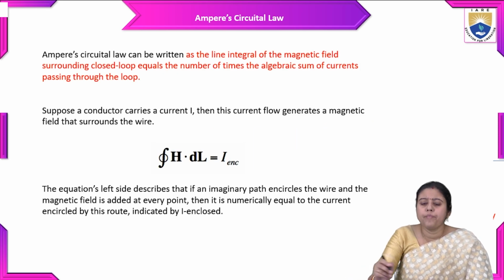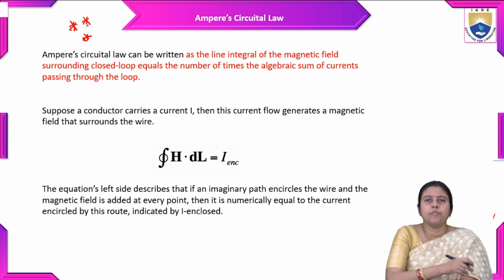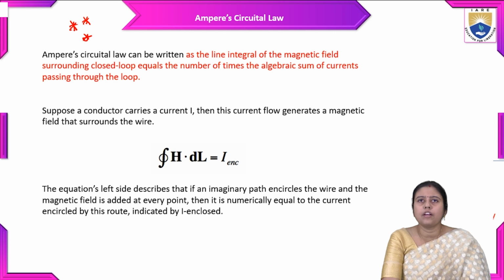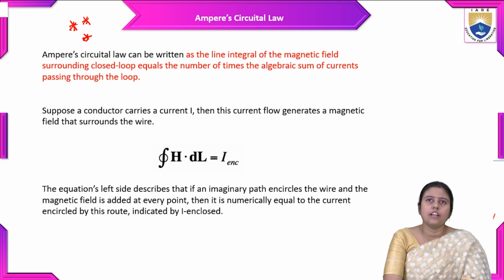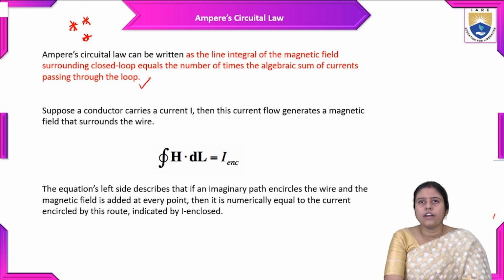And what is Ampere's circuital law? Actually, Ampere's circuital law is a very, very important law. It can be written as the line integral of the magnetic field surrounding a closed loop equals the algebraic sum of current passing through the loop. Suppose a conductor carries a current I, then this current generates a magnetic field that surrounds the wire.